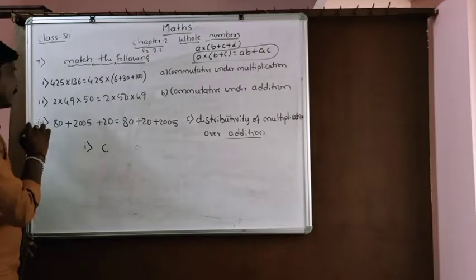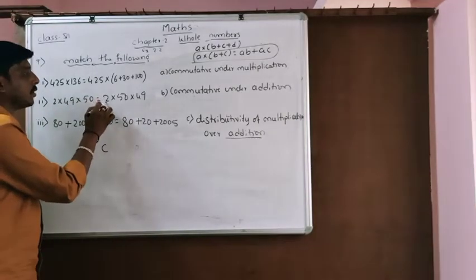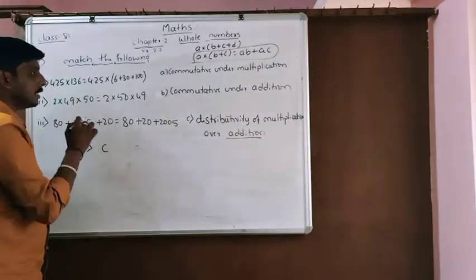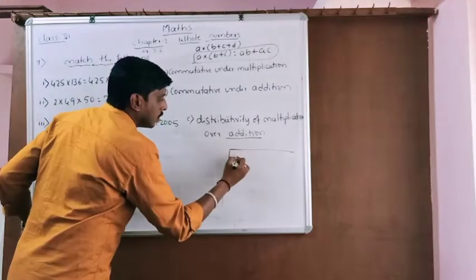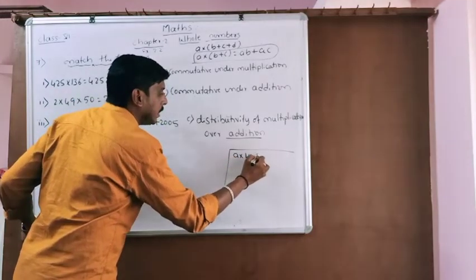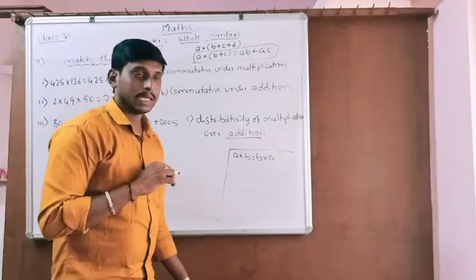So come to the second one. 2 into 49 into 15 equals 2 into 50 into 14. The same numbers are there. We discussed, right, that A into B equals B into A. What type of property? Commutative property under multiplication.